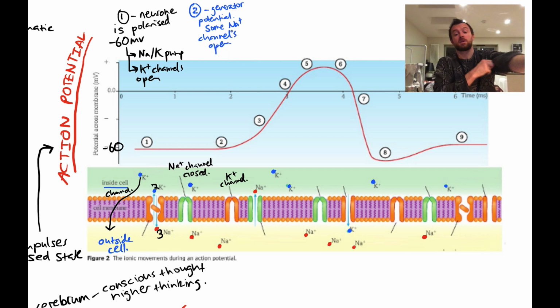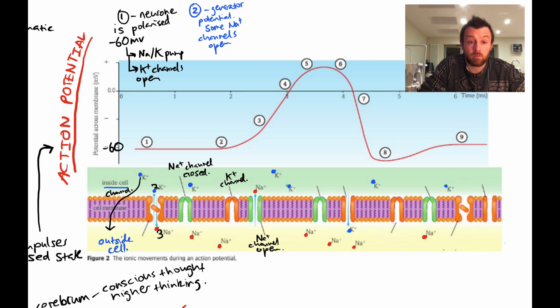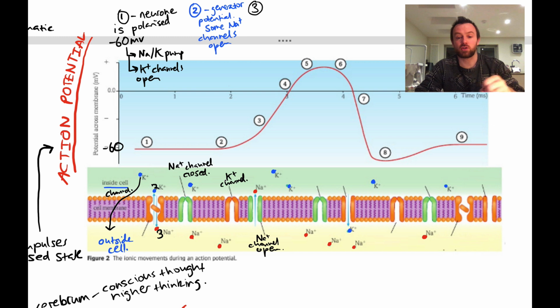So therefore, the sodium ions start moving down their gradient. This 2 here also refers to what's going on here. This is kind of 3, 4. So this is a sodium channel open. So we have a generator potential.